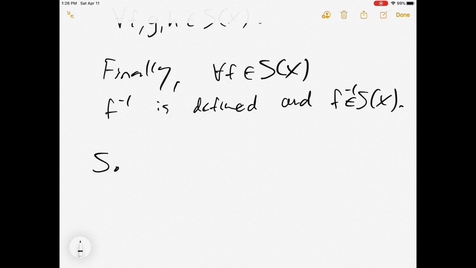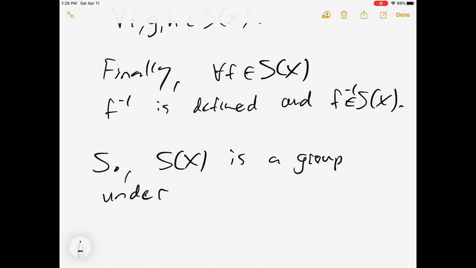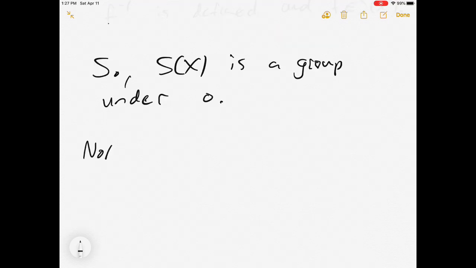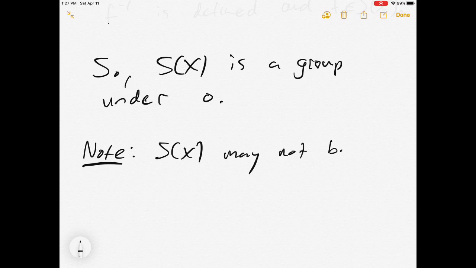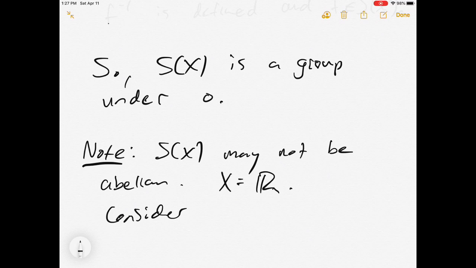So in conclusion, S of X is a group under the operation composition. Notice though, S of X may not be abelian. Take, for example, X to be the real numbers. Consider these functions.